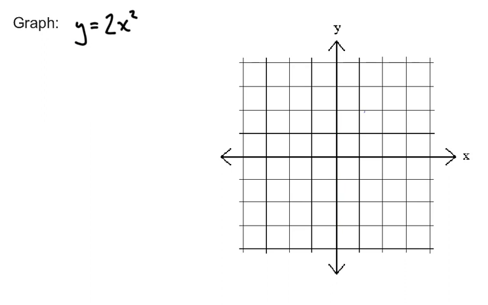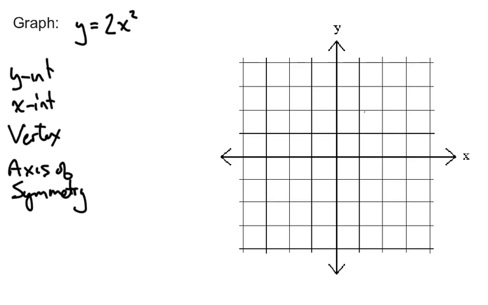Let's graph another one, and let's think about these important points. So let's find the y-intercept, the x-intercept, the vertex, and the axis of symmetry. Well, to find the y-intercept, we just plug 0 in for the x-coordinate. Well, 0 squared is 0, times 2 is still 0, which means our y-intercept is going to happen at the origin.